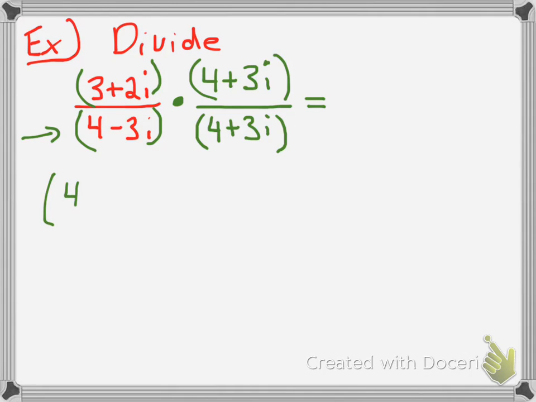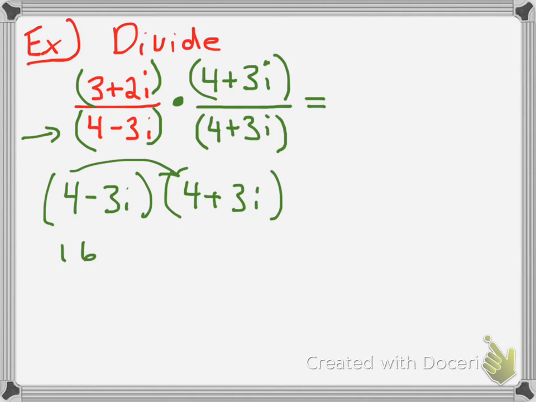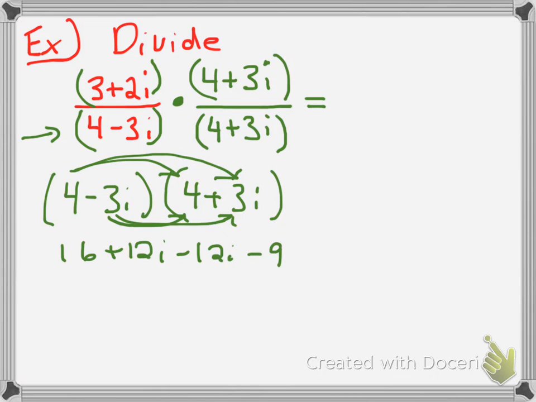If I multiply 4 minus 3i and 4 plus 3i, here's the cool thing that happens. 4 times 4 is 16. 4 times 3i is positive 12i. Right here, pay attention. I have negative 3i times 4, that is minus 12i. And then right here I have negative 9i squared.